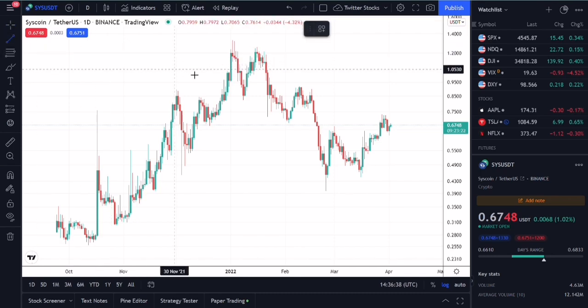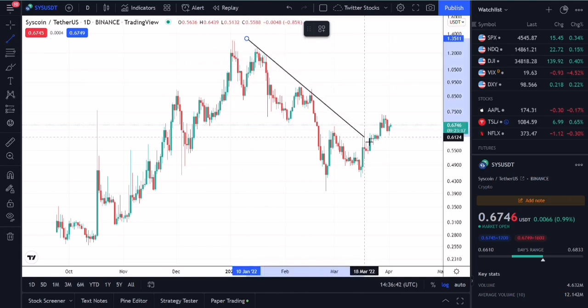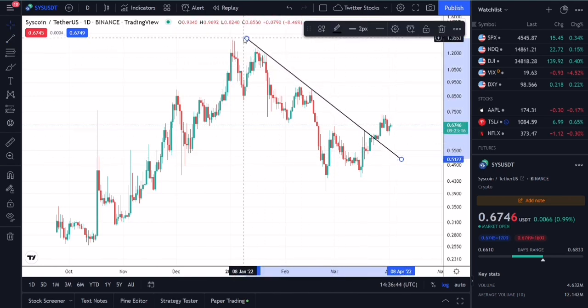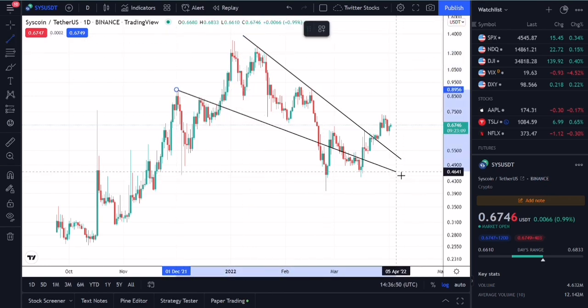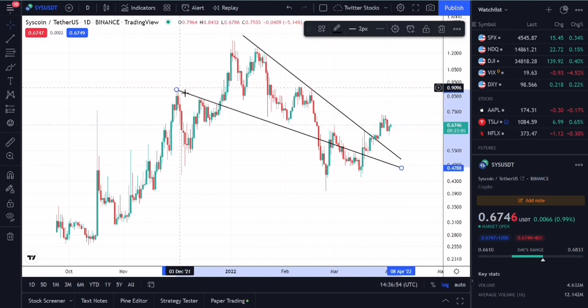So let's jump into the USDT chart. This is one setup that I have been covering since I think it was January of this year. So it's this bullish wedge over here. Now I know there are certain questions that you guys probably have in mind with regards to this setup.